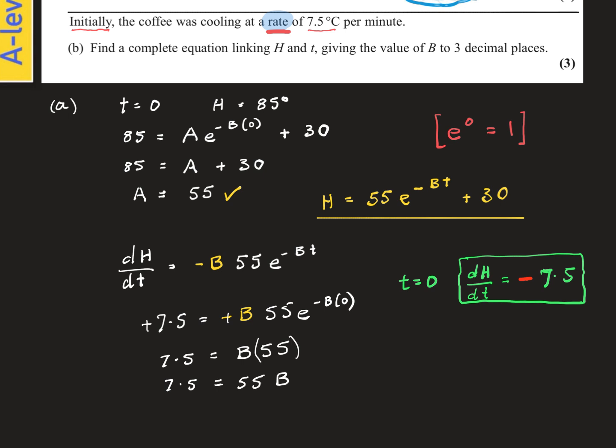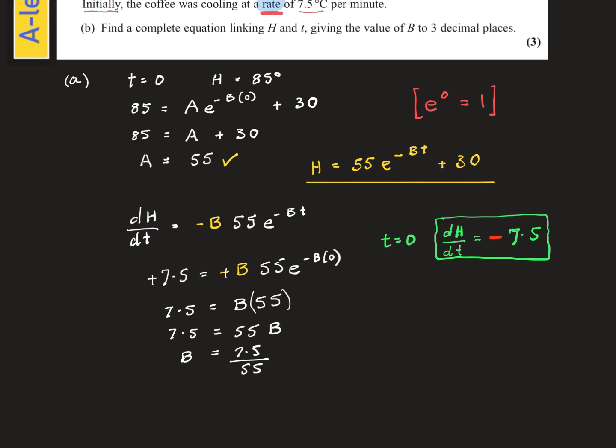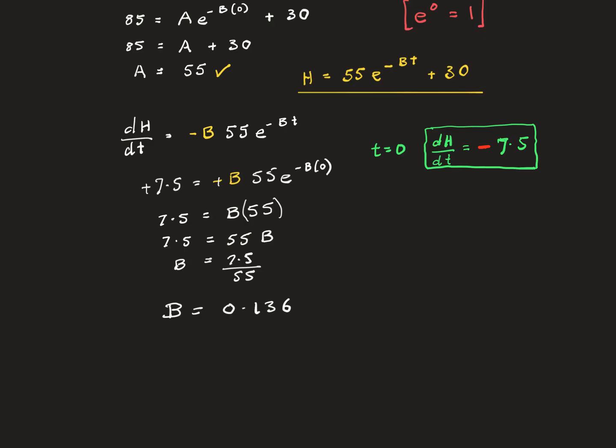At any rate, B therefore is going to be equal to 7.5 over 55. And I remind you that it wanted it to be 3 decimal places. So B will be 0.136.